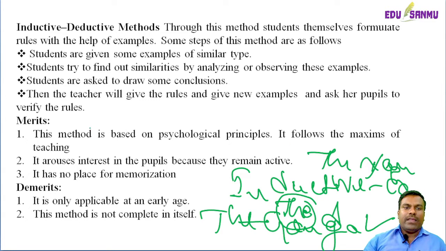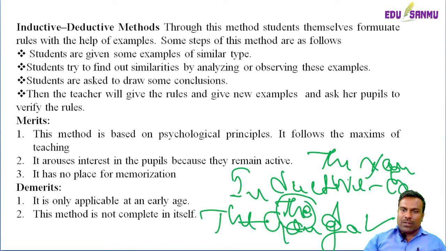Then there are some steps to learn this method. The students are given some similar examples, because I have given the Ganga and the Yamuna. Then students try to find out the similarity by analyzing or observing these examples.